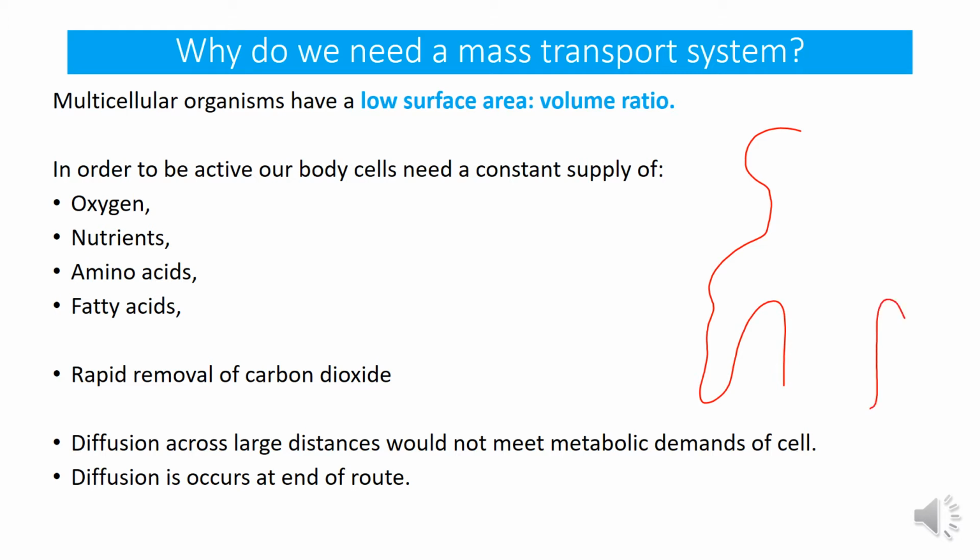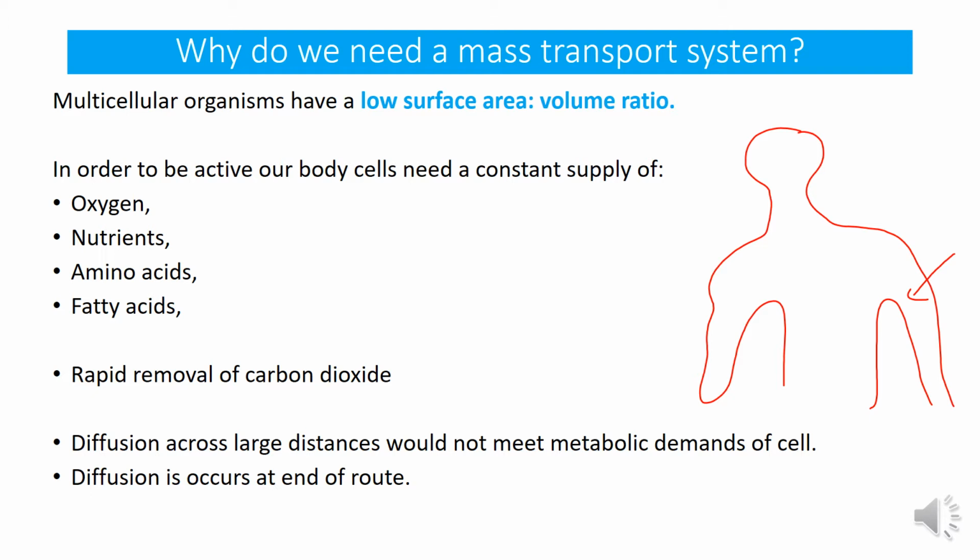So if you've got your cells, whether it's your arms, and we want to get the nutrients into, let's say, the middle of your arm, that distance would be too great in terms of diffusion. So we need a constant supply of oxygen for aerobic respiration, and nutrients, again, for different functions.